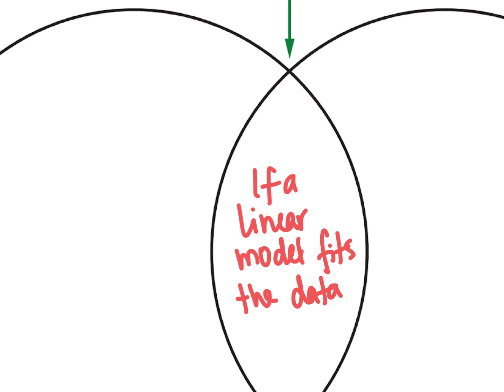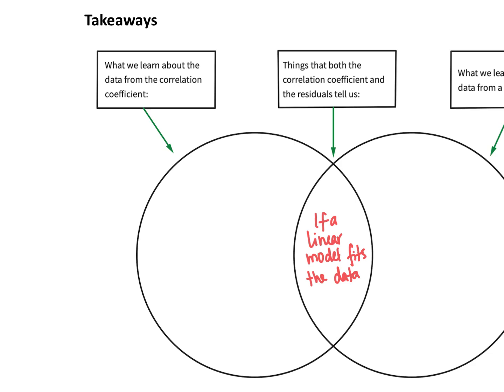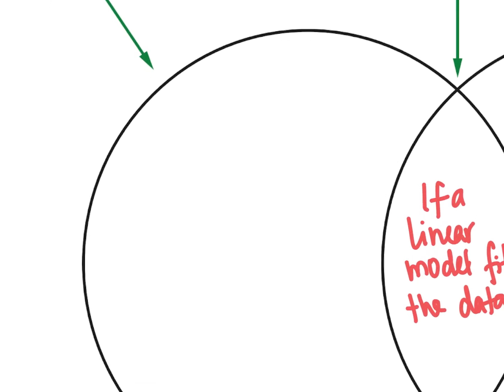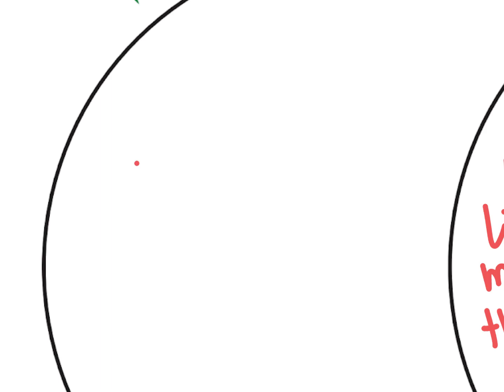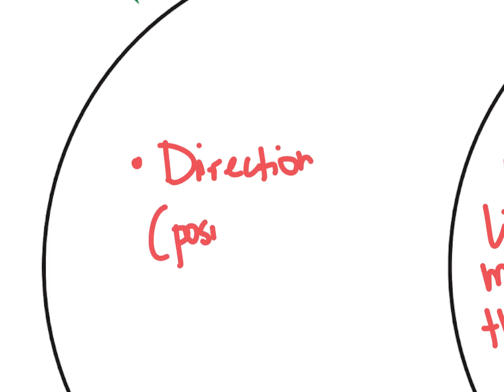So let's go over here to the left. What do we learn about the data just from the correlation coefficient? Okay, so we learn direction, right? Is it positive or negative?